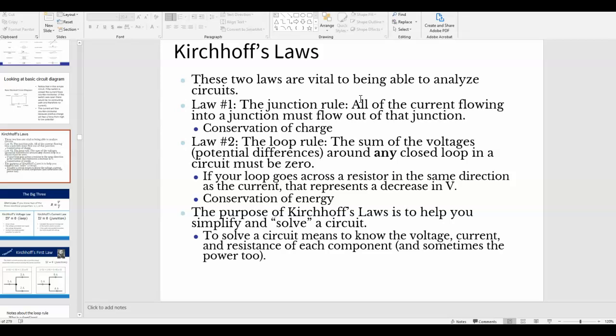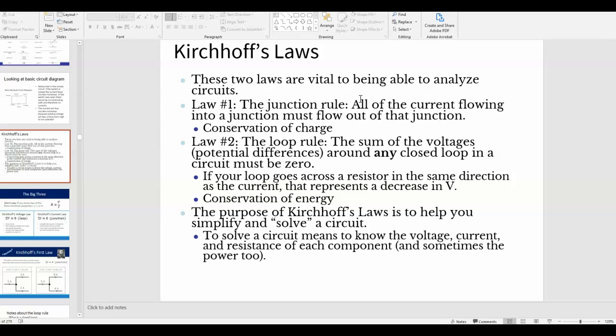Most people don't have any issues understanding that. Kirchhoff's second law is the loop rule. This is the more important of the two. You could argue this is like the equivalent of Newton's second law in mechanics. It's that important. We'll be using it to solve lots of different types of problems. So the loop rule says this.